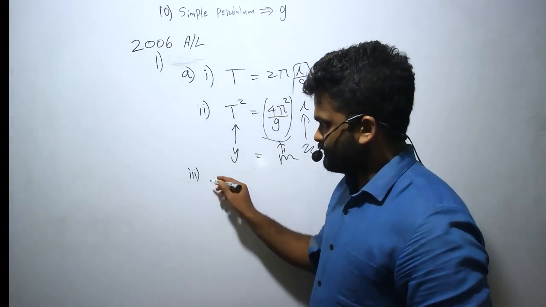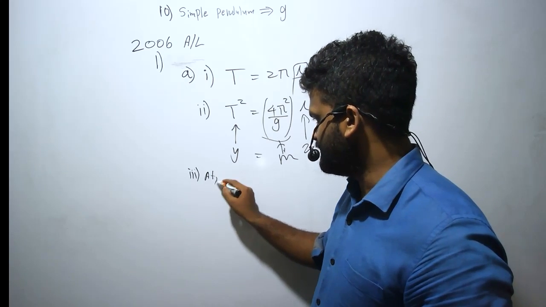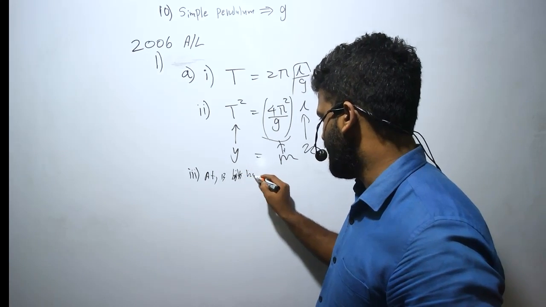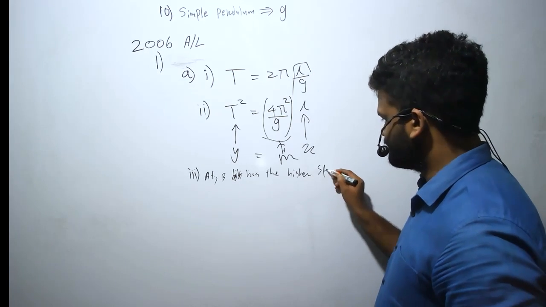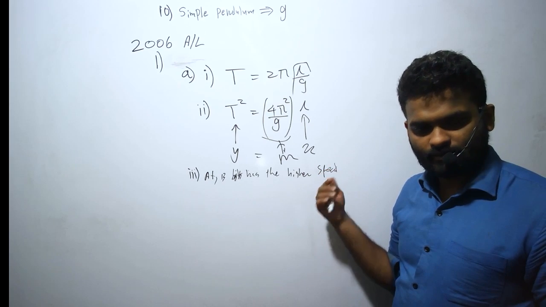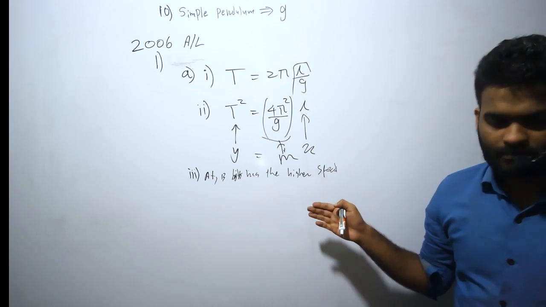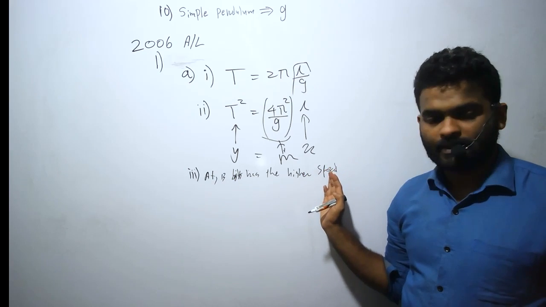So for this, you can just say at B, Bob has the highest speed. They don't expect further clarification why this is. If they ask, you can say, but this is enough, right? At B, Bob has the highest speed.